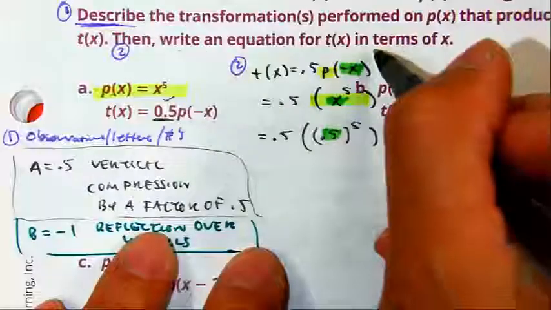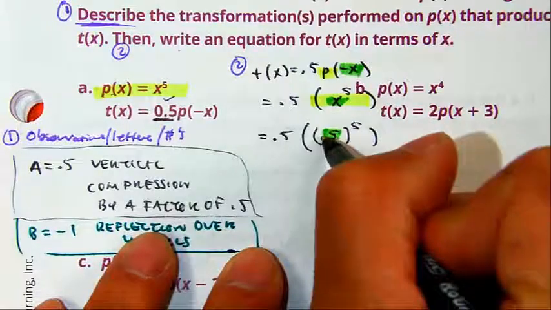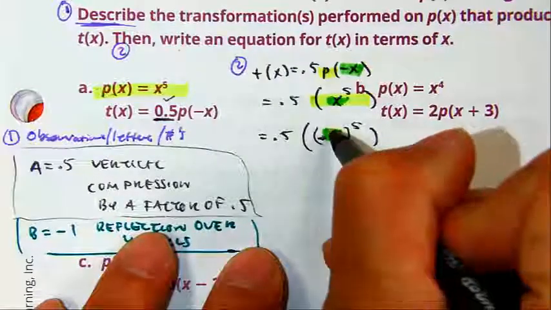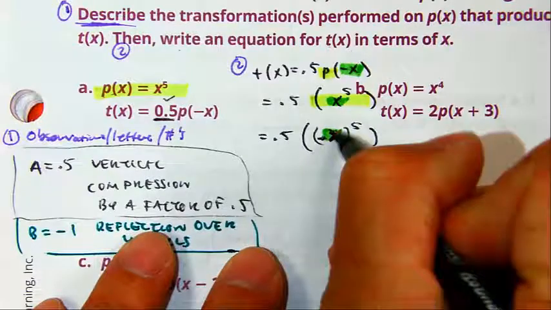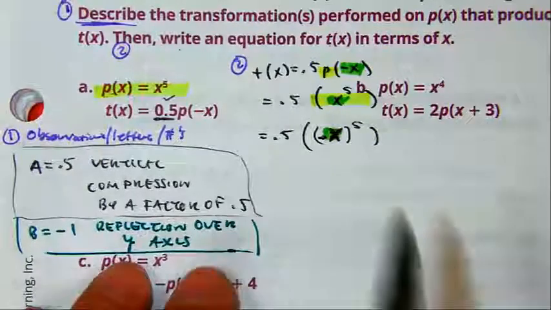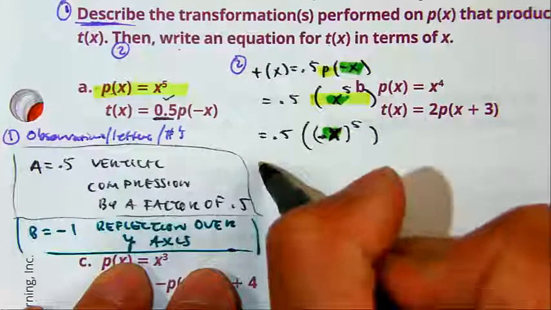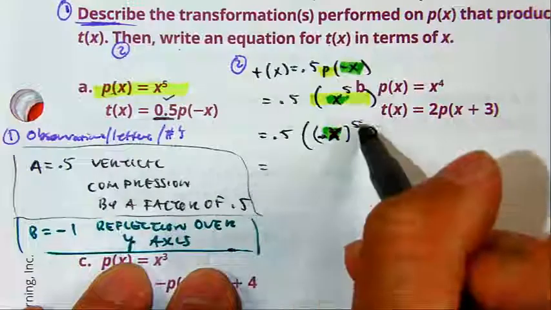That was wrong. Every x value we're supposed to put in what? Negative x. Sorry. It's supposed to be negative x. That's why it's green. That's why we highlighted it green. Okay. How many negative x's do I have, class? How many? 5 of them.